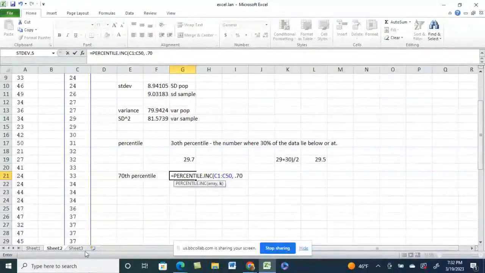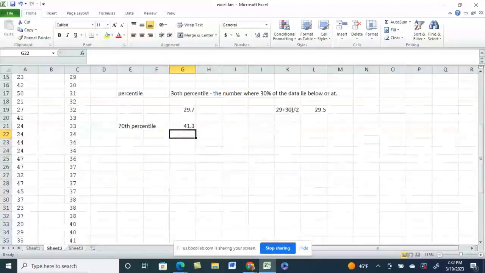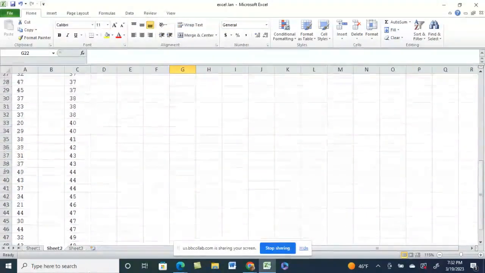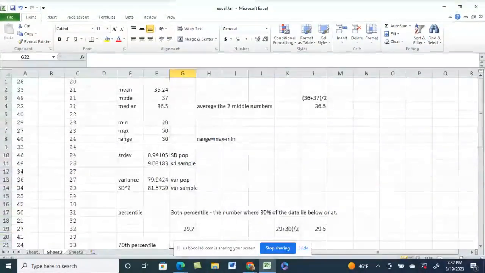Okay, so 70% is 0.70. So make sure that part is in a decimal. You don't put 70, you put 0.70. And we get 41.3. So we come down here and 41.3 is about in position 35. So that makes sense that 70% of your data is below that number or equal to that number.